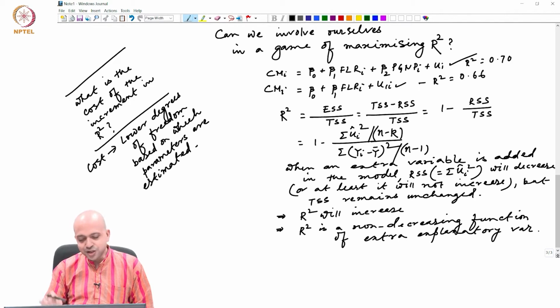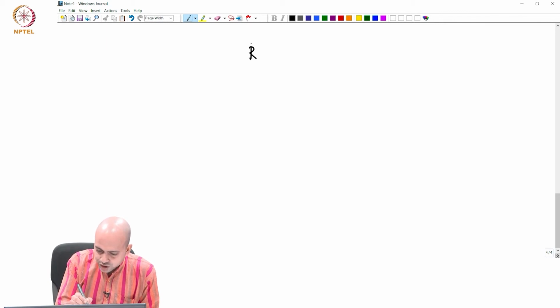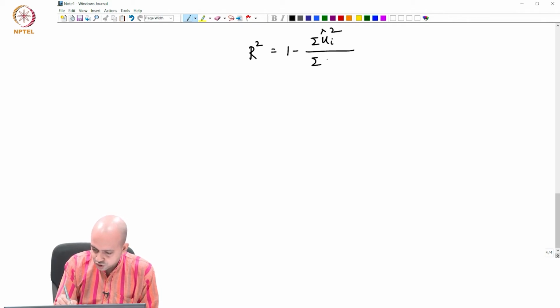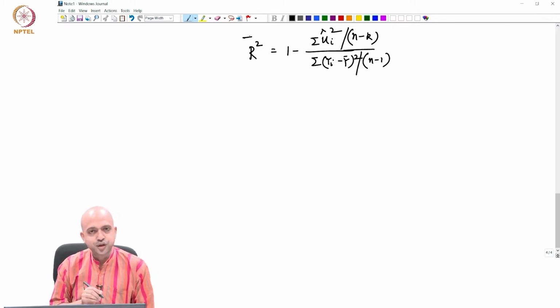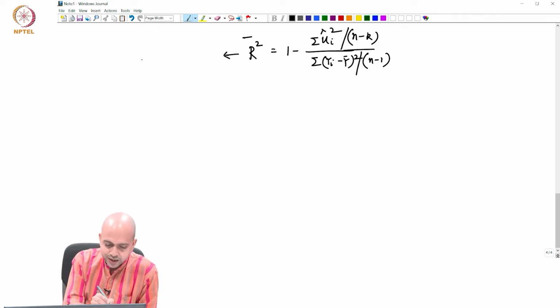And if you adjust your r square in this way, that means when your r square is actually adjusted by, so this is 1 minus summation ui hat square divided by summation yi minus y bar whole square, and then if you adjust by corresponding degrees of freedom, then we will get this, called now r bar square or adjusted r square.